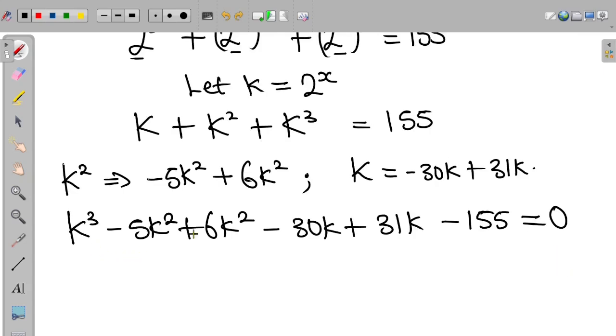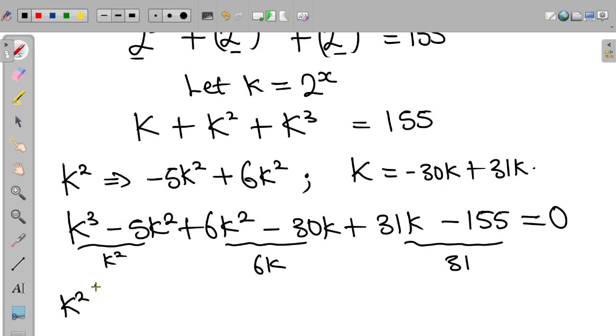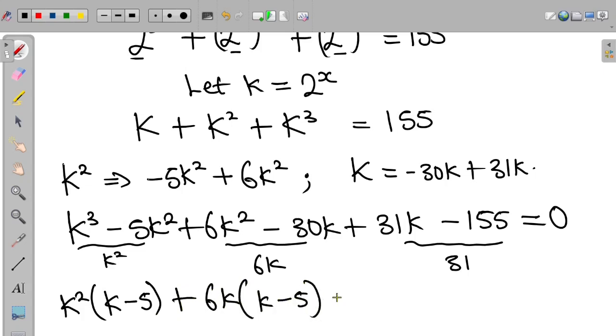So at this point, we can start factorizing. So at this point, k squared is common here. At this point also, 6k is common here. At this point also, 31 is common here. So by factoring, we have that this is k squared, open a bracket, k minus 5 plus 6k, open a bracket, k minus 5 plus 31, open a bracket, k minus 5 equal to 0.